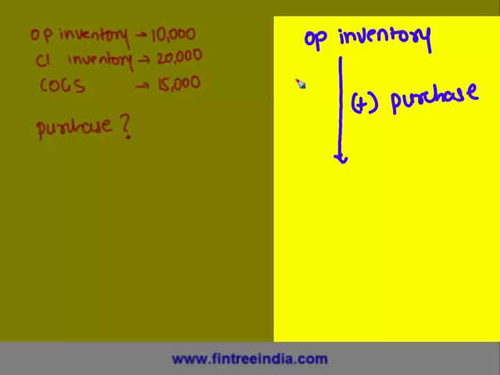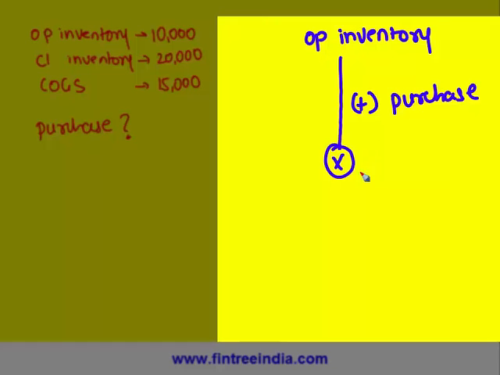For ease of understanding, assume that this purchase activity, the top portion of the flowchart, will happen for the first half of the year. So somewhere in the middle of the year, we will have total X amount of inventory with us, opening inventory plus purchase. Then we will start using this inventory.